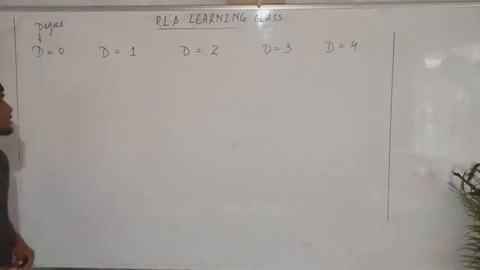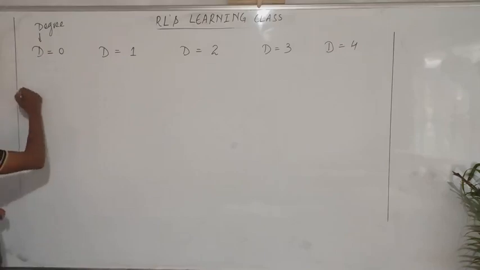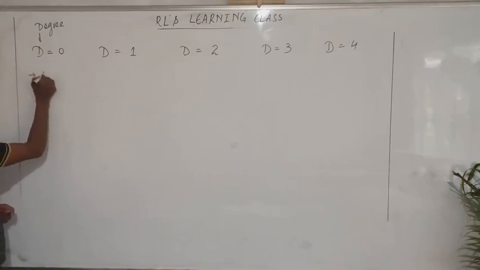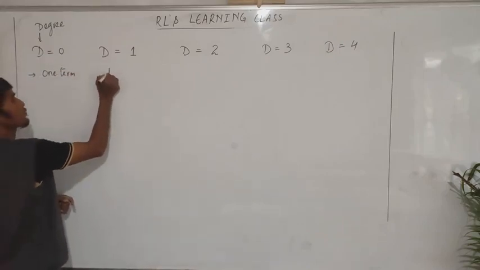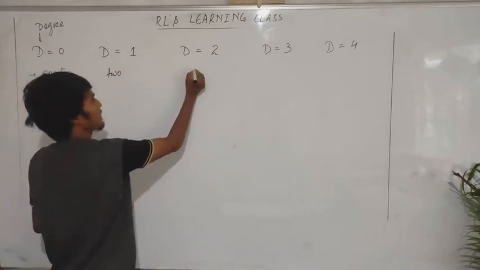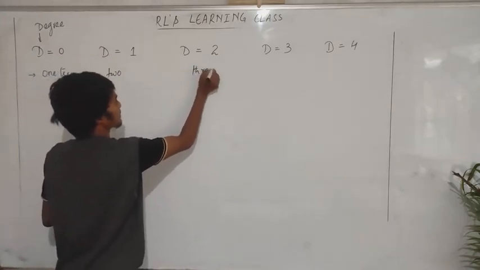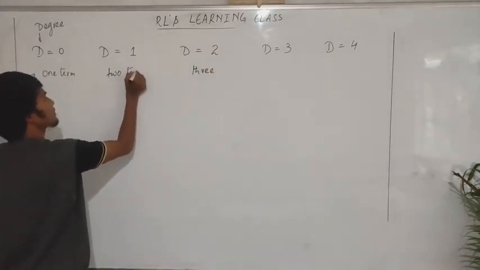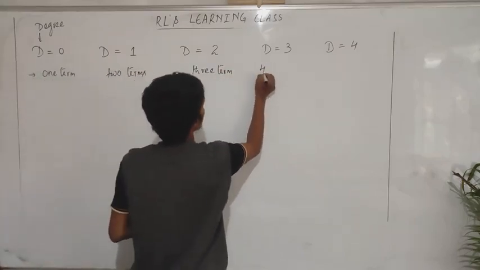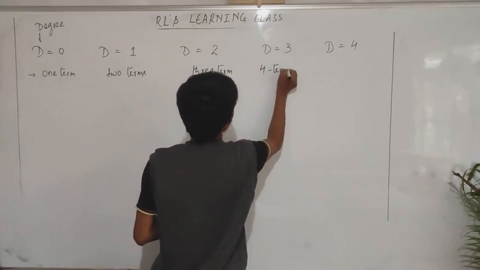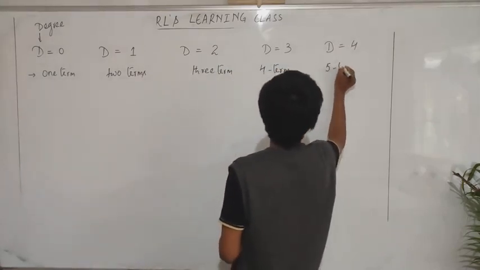Degree of polynomial. Now if degree is equal to 0, then it will have only one term. If the degree will be 1, then here we'll have 2 terms. Then here we'll have 3 terms, and here will be 4 terms. And here will be 5 terms.